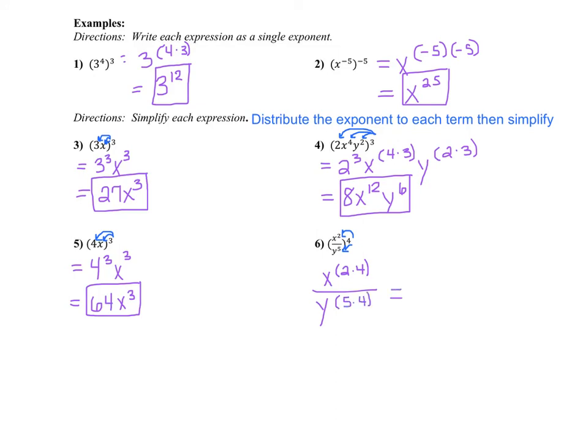Now let's simplify it. x and 2 times 4 is 8, over y, and 5 times 4 is 20. So our answer is x to the 8th power over y to the 20th power.